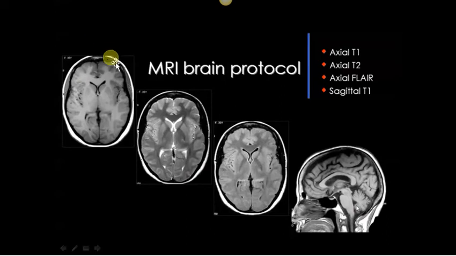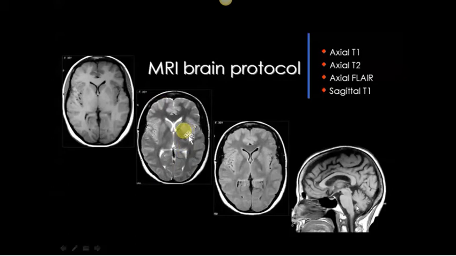In the axial T1, the CSF or fluid is black, the gray matter is gray and the white matter is white. So this is taken mainly to see the normal anatomical structures.